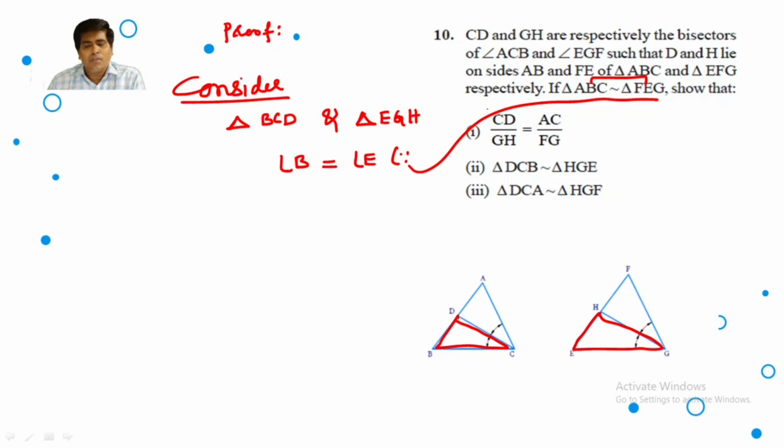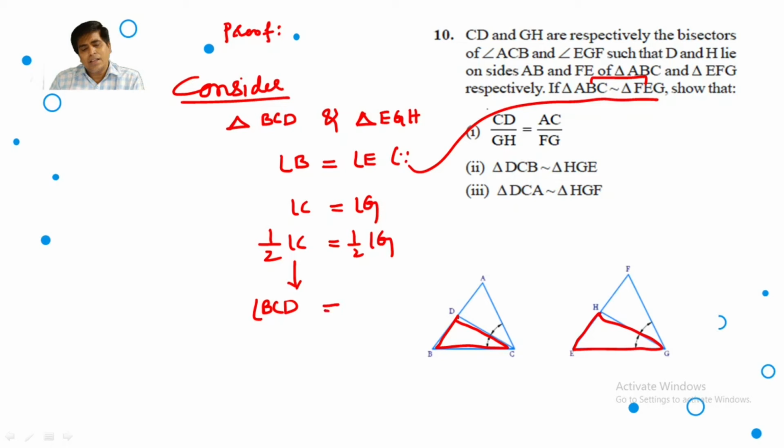Next, we have one more corresponding angle. Angle C and angle Z are also equal. When angle C and angle Z are equal, their halves are also equal. Half of angle C is equal to half of angle Z. What is half of angle C? I can write it as angle BCD.